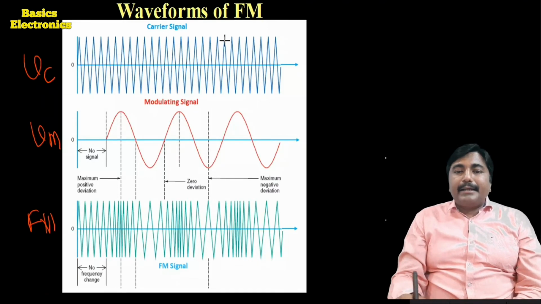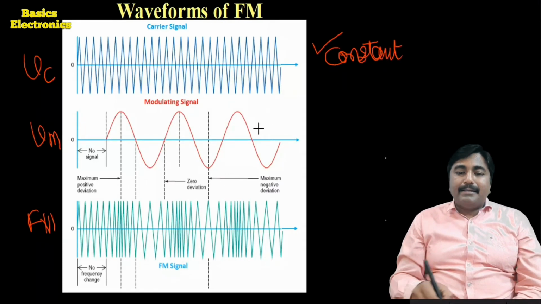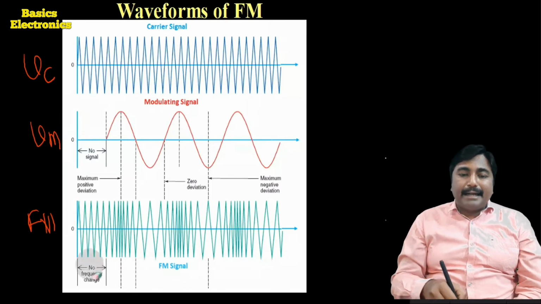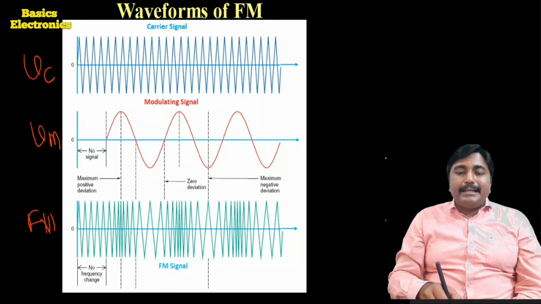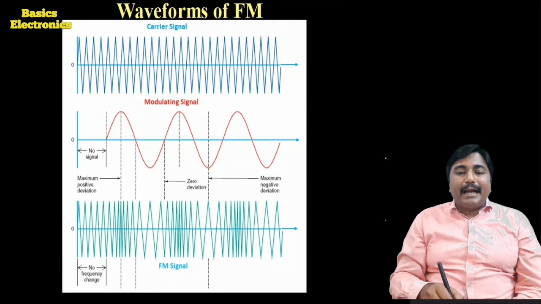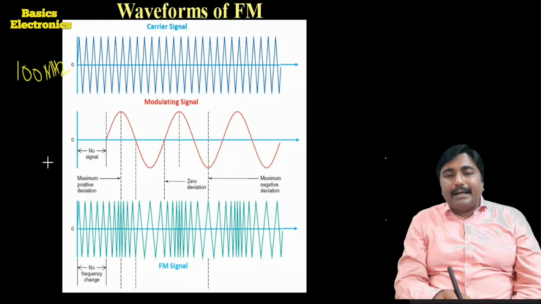Okay, so here the carrier signal frequency is a constant frequency. For better understanding, suppose we consider one example. Suppose the frequency of the carrier signal is 100 megahertz.